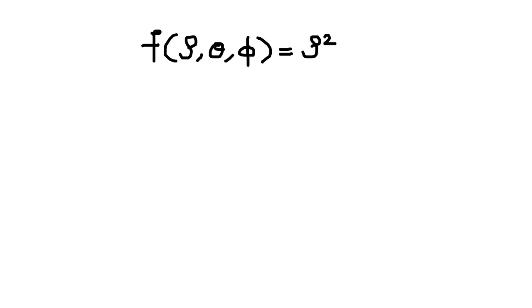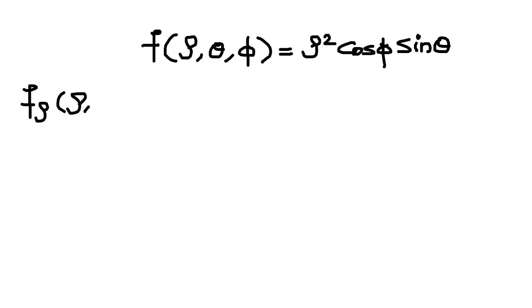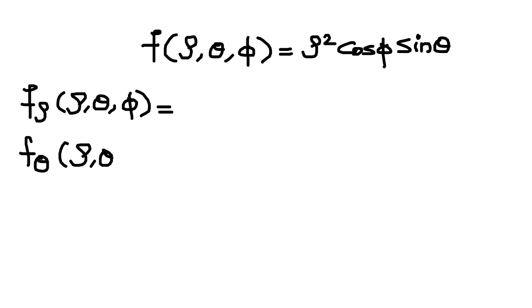For example, a function is given in rho, theta, and phi, which is equal to rho square cosine of phi and sine of theta, and you have to find f of rho, f of theta, and f of phi.